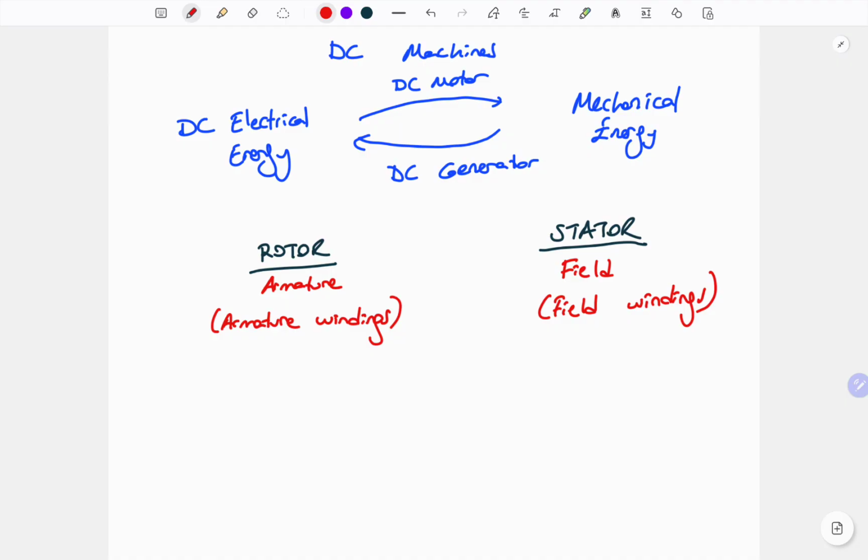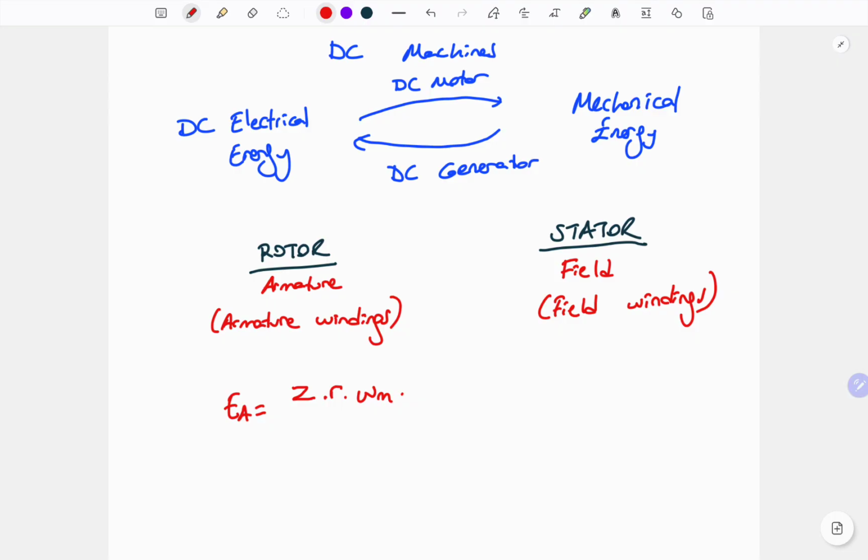Okay, what about the induced voltage, the voltage produced inside the machine? How can we obtain this? EA, which is the induced voltage as a result of the applied voltage to the terminals, can be defined using Z, which represents the total number of conductors, the radius of the machine, Wm, which represents the motor angular velocity in radians per second, and in that machine there is no synchronous speed.